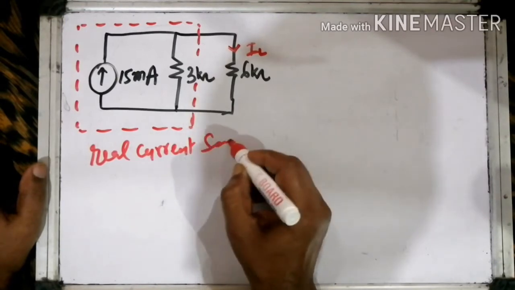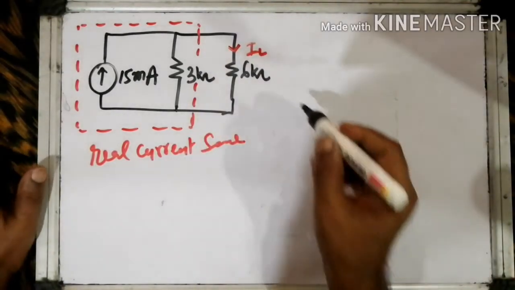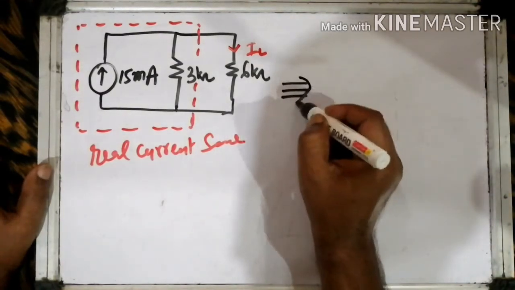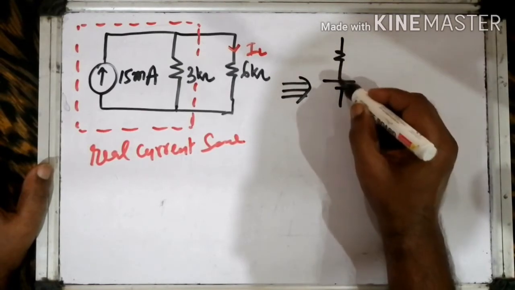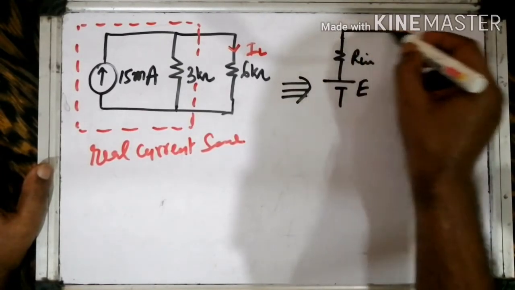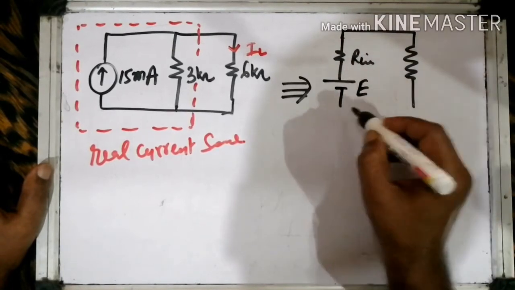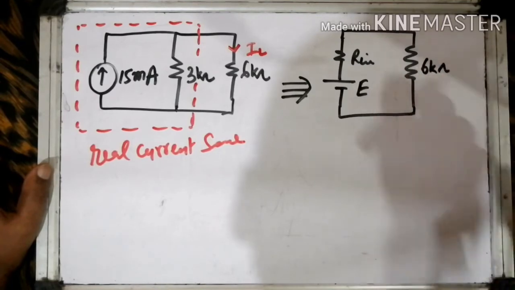Current source. Okay, now I am drawing the equivalent circuit diagram containing voltage source and Rin in series, right? This one is 6 kilo ohm.